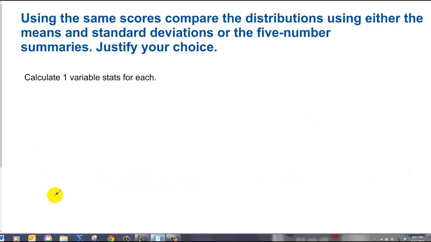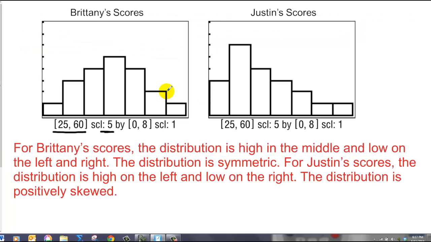If we use those same scores and, using either a standard deviation or a 5-number summary, talk about how those differ. Once again, since we have one that is symmetric in nature and one that is skewed in nature, we want to use that 5-number summary or that box and whisker plot to compare our data.